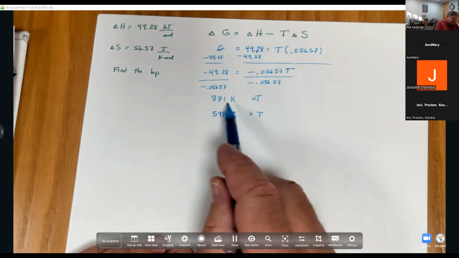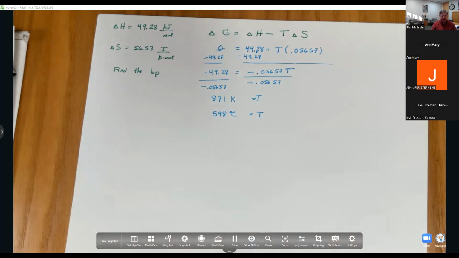Then I got T equals 871. And then subtract 273 gives us our Celsius temperature. So Jennifer, did you see what you did wrong? Yes, I did, and I have that same answer now. Okay, great.